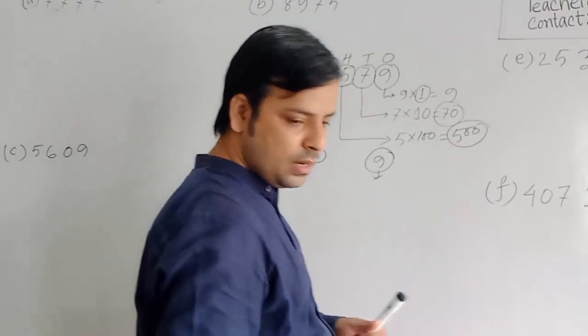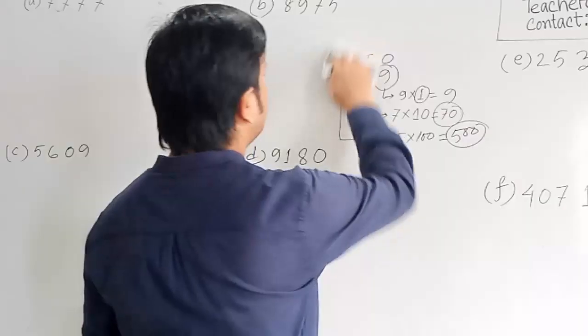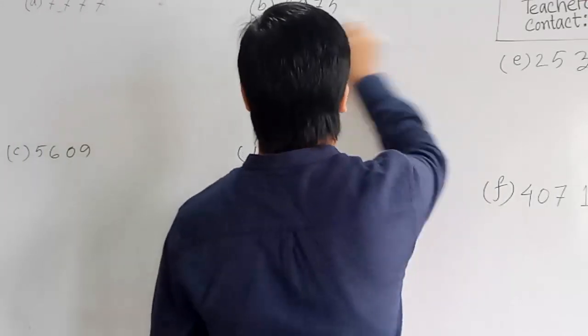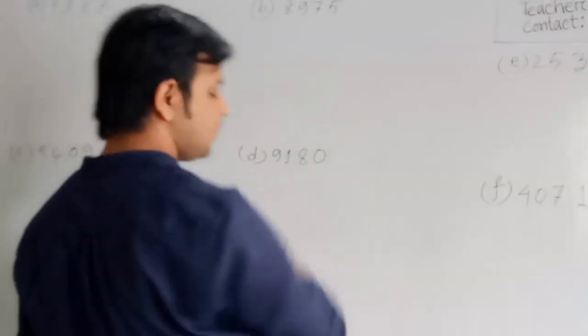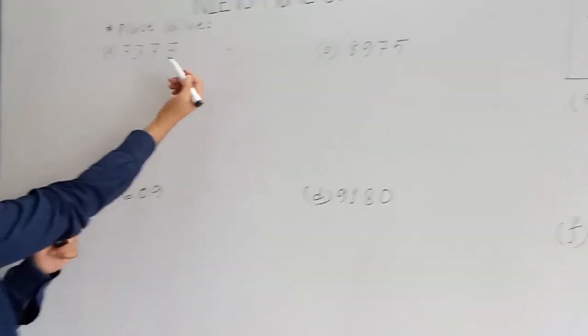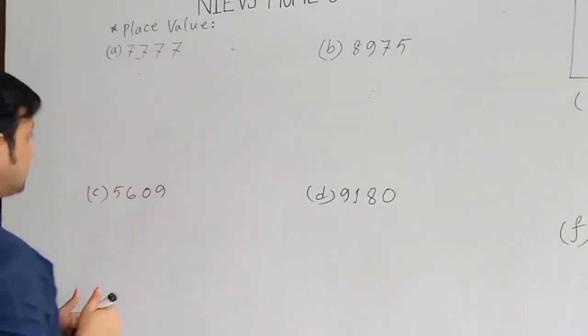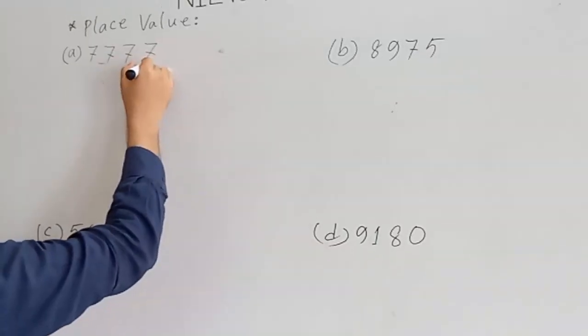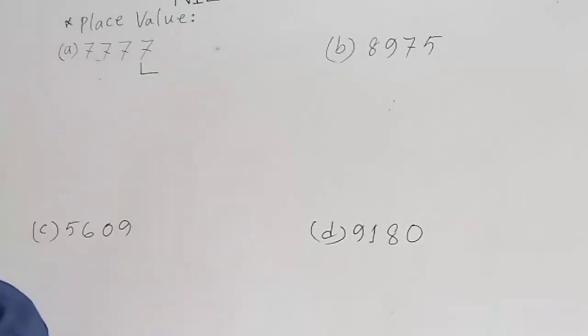Okay, now I will show place value of digits in some numbers. Let us see the first number. First number is 7777. At first let's take digit 7.